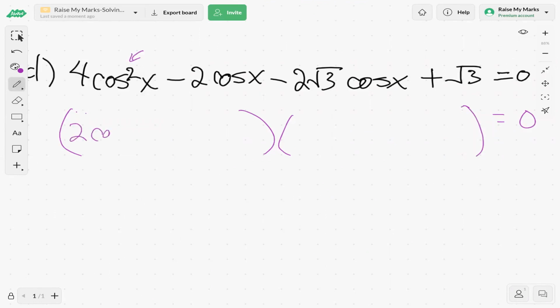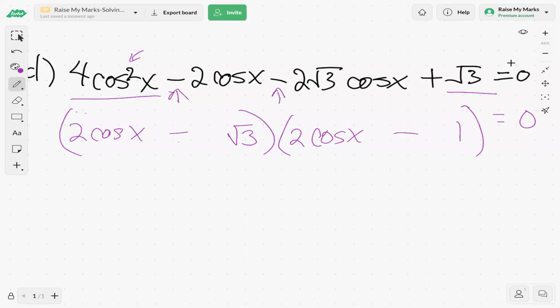I'm betting it's something like this, where we have a 2 cos x as the first term in our factor. And then if we look at our constant term, it's root 3. The only factors of root 3 are root 3 and 1. And then our cross terms are both negative.